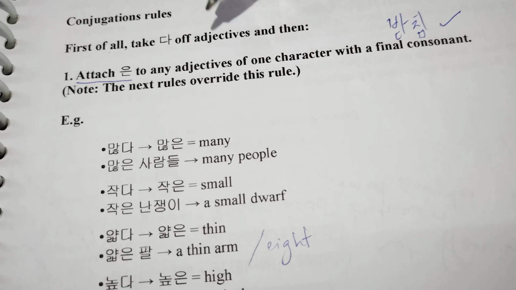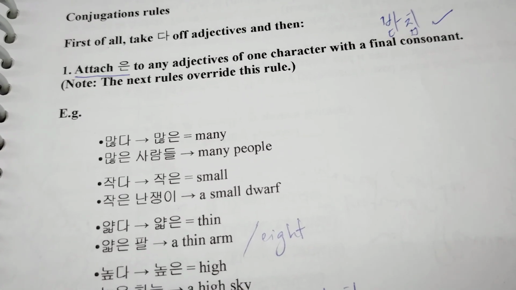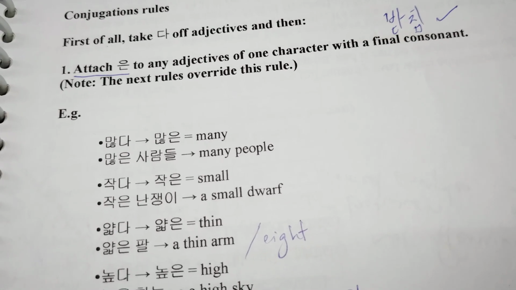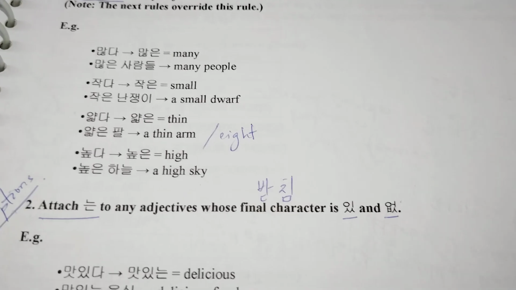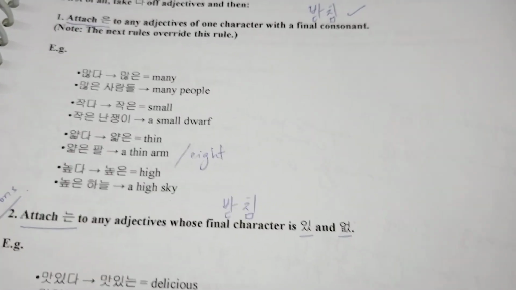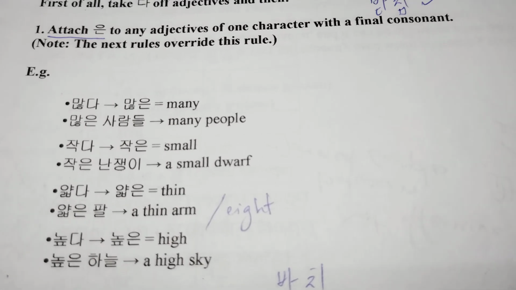As usual, you would start by taking the da off at the end of the adjectives. Once you're done with that, the next step is where you would attach an un to the end of the adjective.